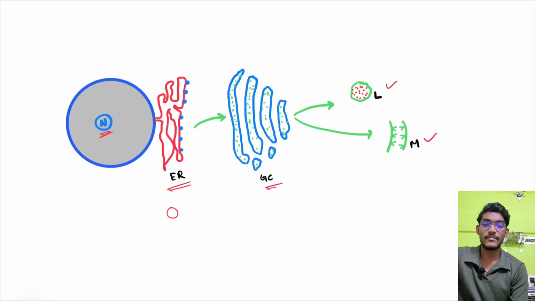Now, after that, during protein synthesis, the information for protein synthesis is encoded in the mRNA, and based on that sequence, the amino acids will come and protein will be synthesized. Now, this mRNA is synthesized inside the nucleus from the DNA.